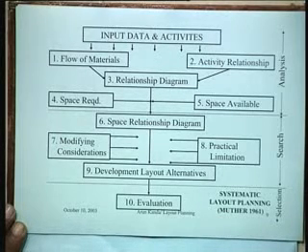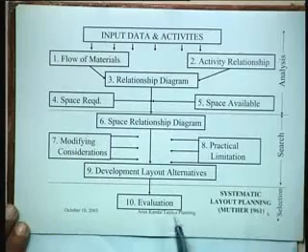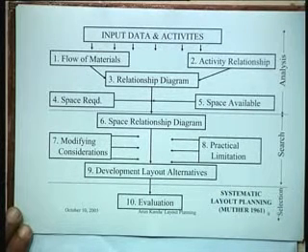In the next class, we shall be talking about some computerized layout planning procedures, and those procedures are actually basing their inputs and operations on the SLP procedure. So we look at the SLP procedure in this class to understand what all is required.